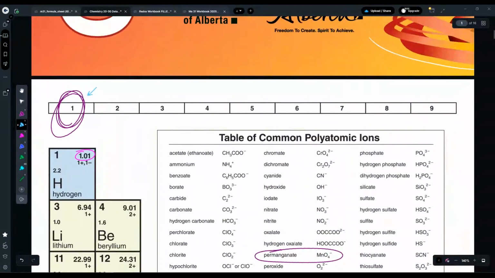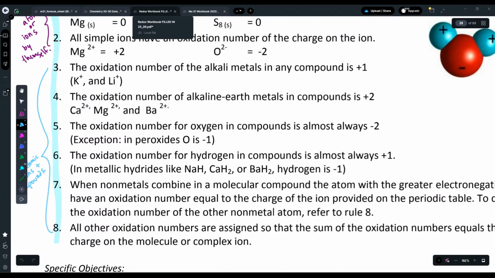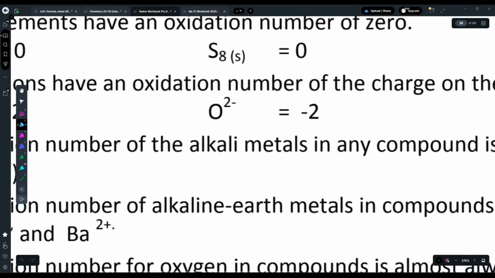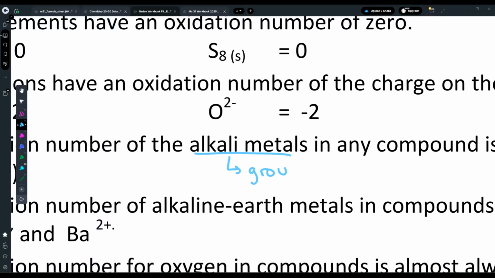The reason I'm not including hydrogen here is because hydrogen does have some exceptions. Usually it's +1, but there are some exceptions where hydrogen's oxidation state is -1 instead. But we'll get to that in a little bit. So alkali metals, that is group 1.